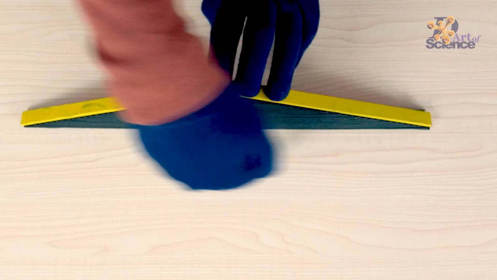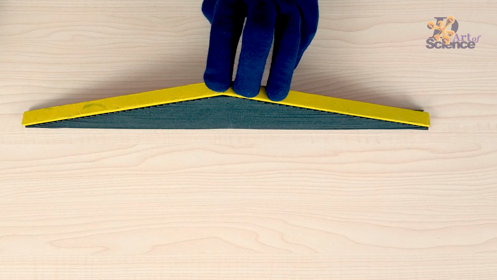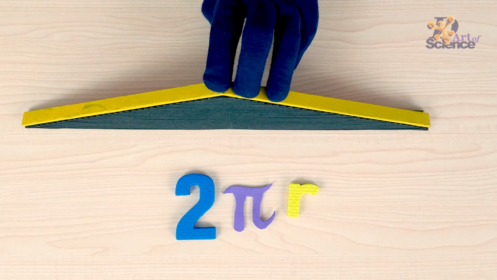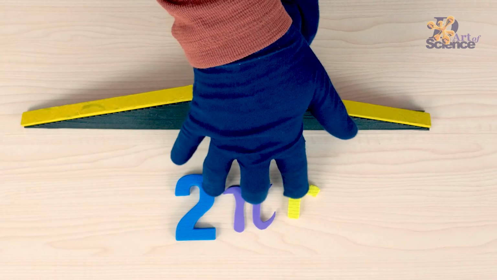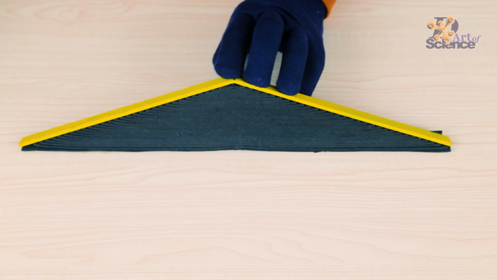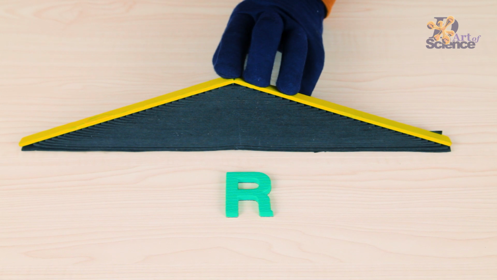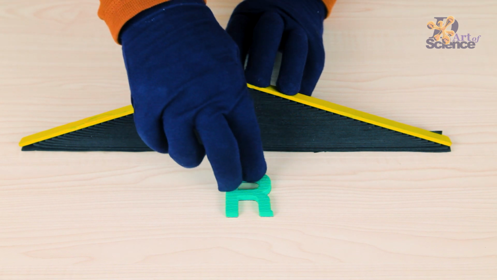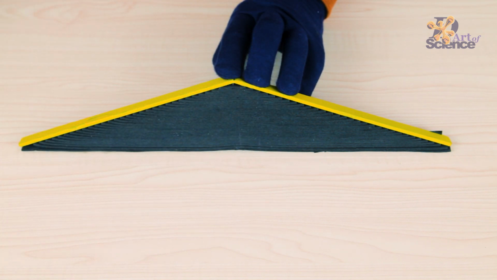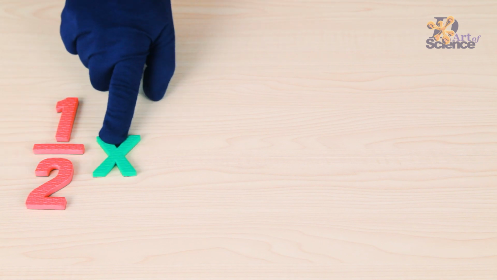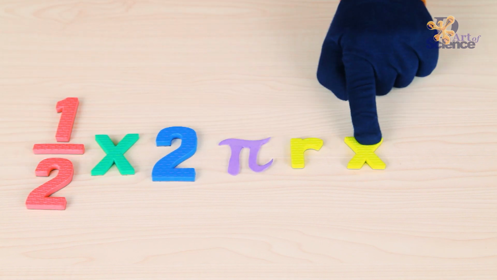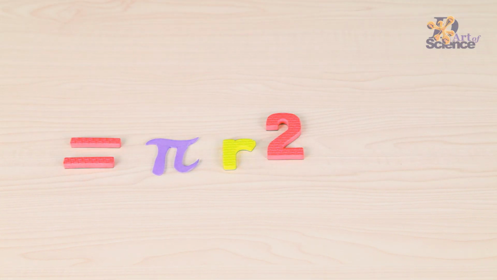The base of this triangle is the outermost circle, which is its circumference, and that we know is 2 pi r. The height of this triangle, as we know, is the circle's radius. So on substituting these values in the formula, we get area equals half into 2 pi r into r, which equals pi r square. So the formula for the area of a circle is pi r square.